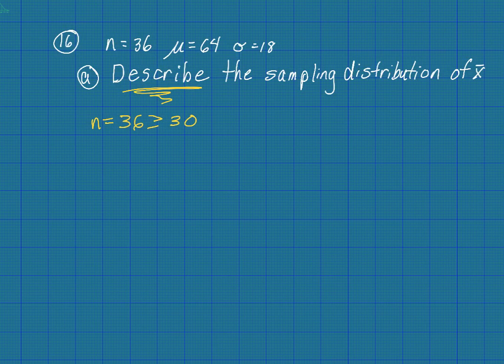And since that is true, we can say the shape is approximately normal. That is the first thing we need to do to describe the distribution of the sample mean, the sampling distribution of the mean. Either way you want to say that.